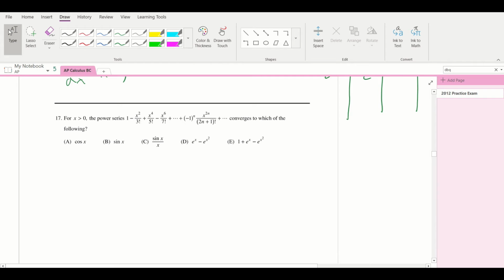To make things easier, I can just list out all the known power series.